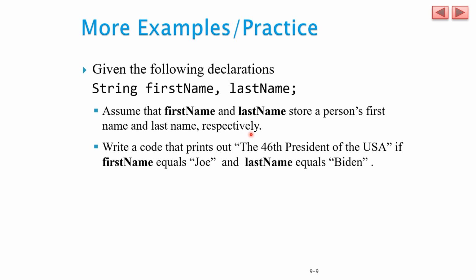So we assume that we already have code that takes care of all of these things. Now your job is to write code that prints out the text "the 46th president of the USA" if the first name equals Joe and the last name equals Biden.